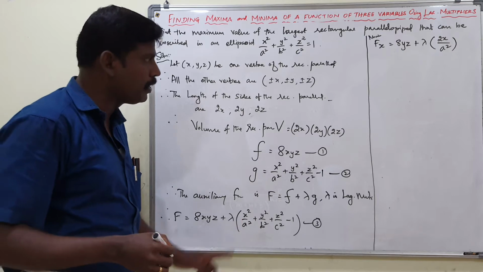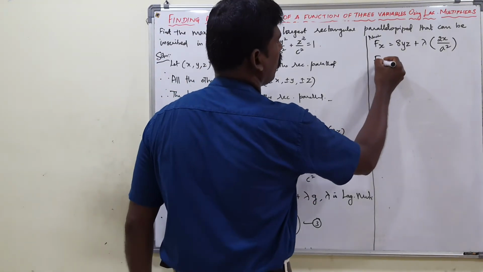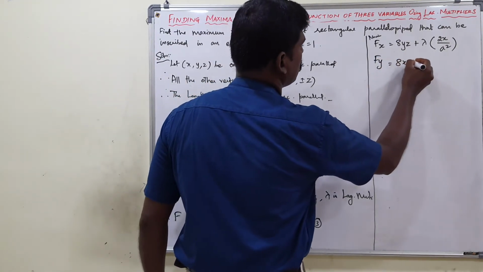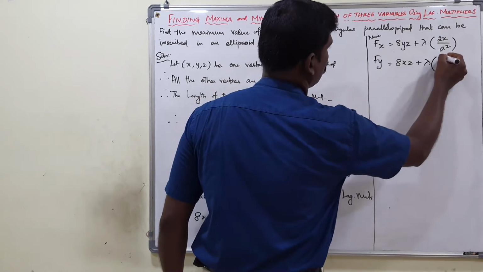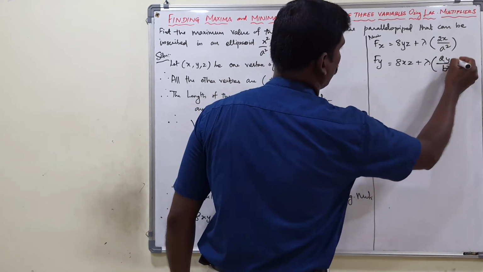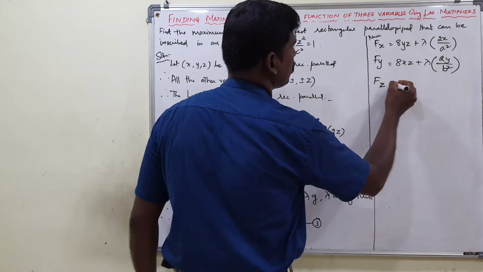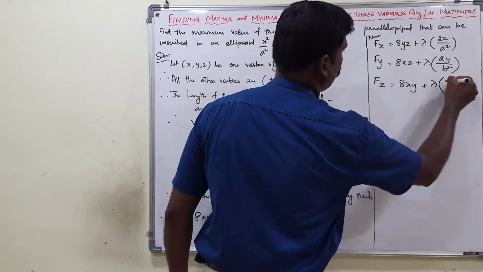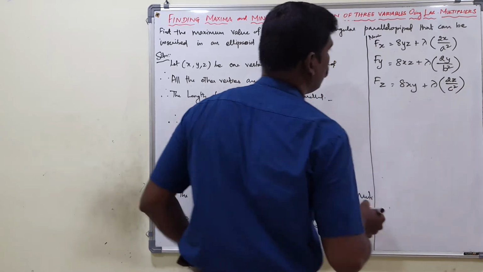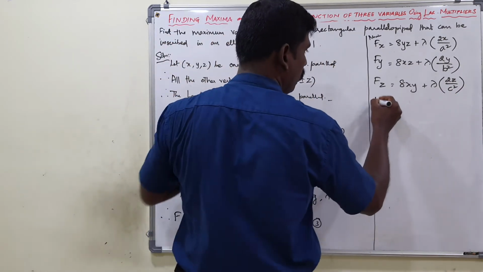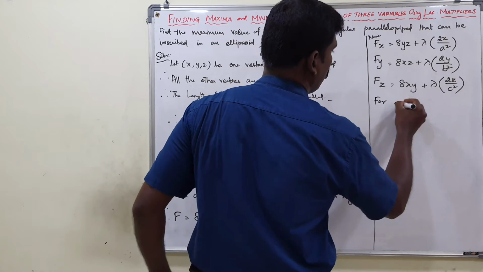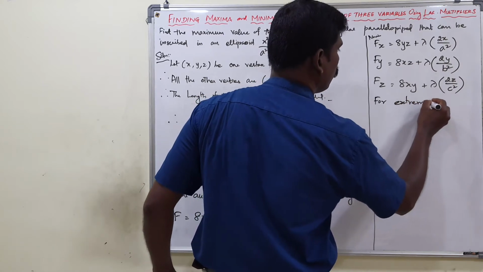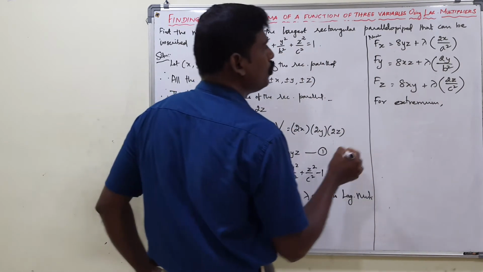What is Fy? 8xz plus lambda into 2y by b square. What is Fz? 8xy plus lambda into 2z by c square. For an extremum we have to equate all these three to 0, isn't it?